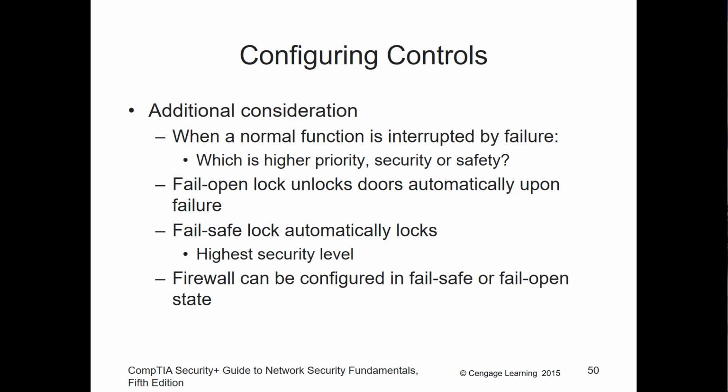If we fail to open a lock that's unlocked automatically upon failure, how secure is that? If there's a fail-safe lock that automatically locks, how secure is that? A good example is, in case of a fire, the fail-safe locks should automatically unlock. Fire, you don't want to lock people in, so the door should unlock. However, does that create a vulnerability?